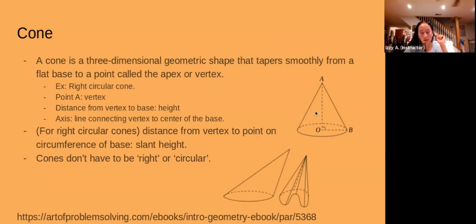Then the cross section shape would be the shape that results if you were to look at, for example, if you cut it right here, then it would be the base of the smaller cone that you just got, or it would be the top base of, I don't know how to describe the shape of what is left of the original cone, I should say.